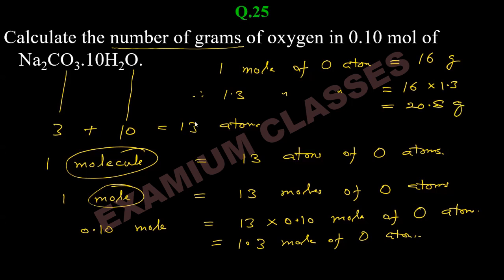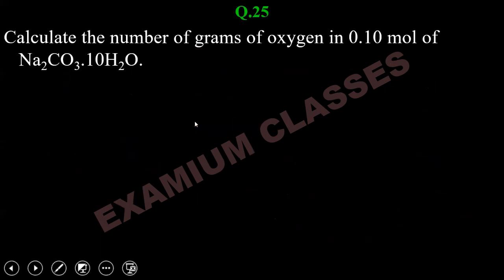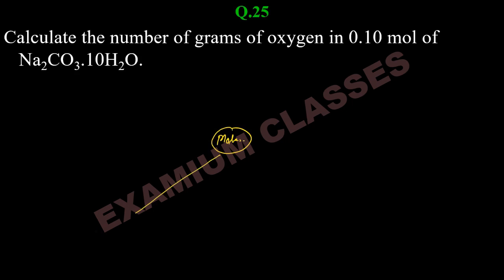So what I am saying is, you have to calculate the number of grams. If you have understood the graph we talked about, moles are equal to mass over atomic mass in grams. Do you remember that? Yes, sir.